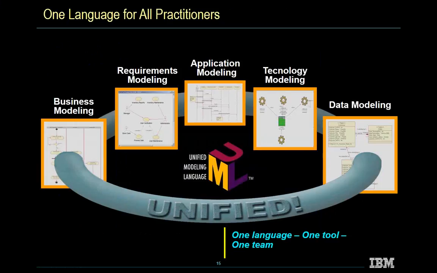These are also called unified modeling languages, in which every component is used for all practitioners. This is for business people, this is for BAs or business analysts, this is for programmers, this is for system architects, and this is for master data managers.